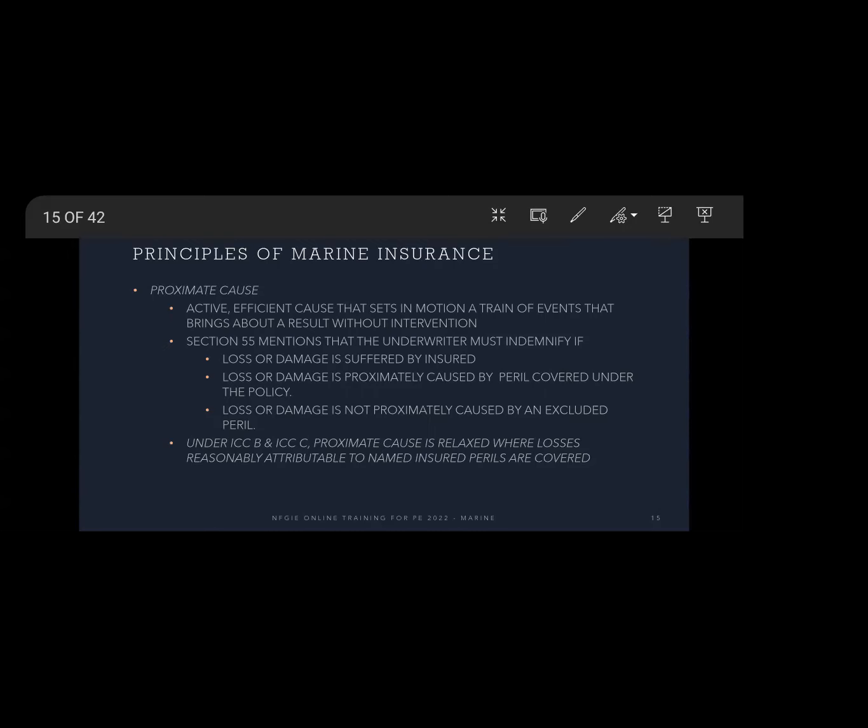The important point to be noted is that under ICC B and ICC C, the doctrine of proximate cause is relaxed, where the words proximately caused will be replaced by the words reasonably attributable to the named perils. You will see that when we are studying the ICC B and ICC C clauses. But just keep that in mind, that the doctrine of proximate cause is modified slightly in case of ICC B and ICC C.